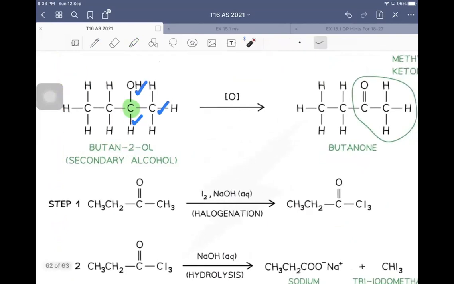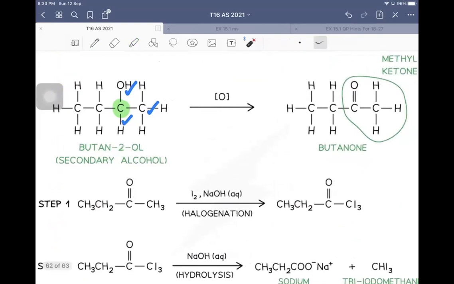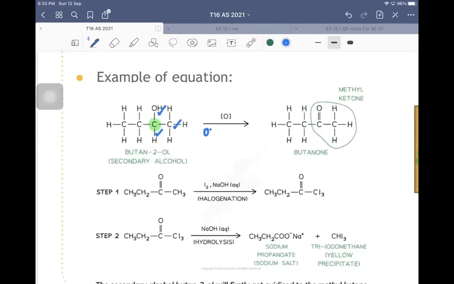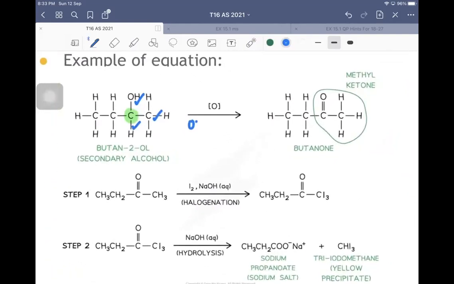Okay, as I said, the first step is to oxidize the alcohol. So oxidation first. The alcohol, I will not specify primary or secondary, but in this case it's the secondary alcohol.